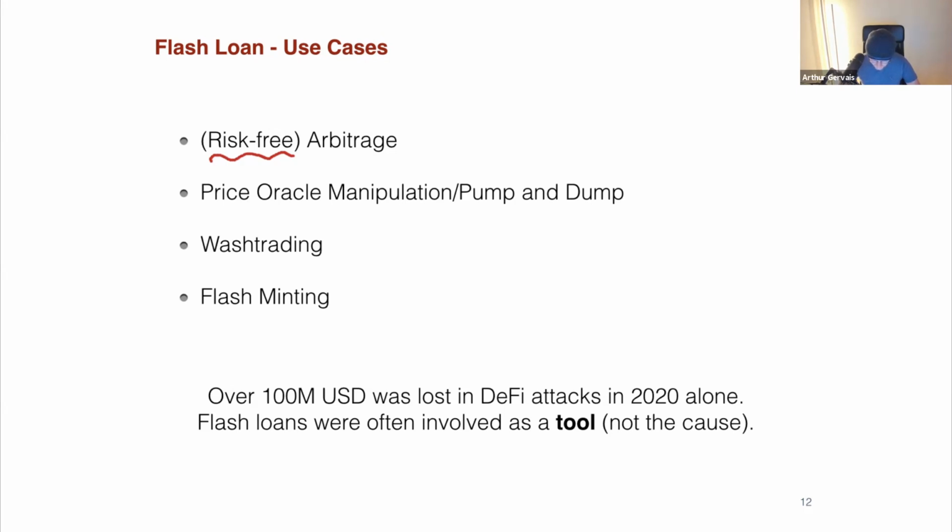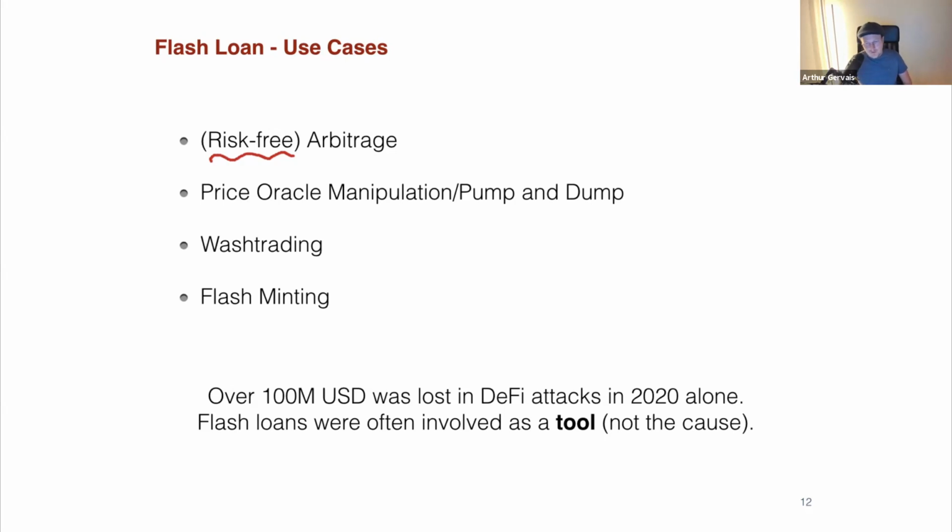I'm sure you've seen in Sam's presentation, there were a lot of DeFi attacks in general, where especially in 2020, also recently in 2021. So flash loans were often involved as a tool, but they're not the cause. So when I'm speaking about flash loan attacks, I don't actually mean that flash loans are a bad thing.